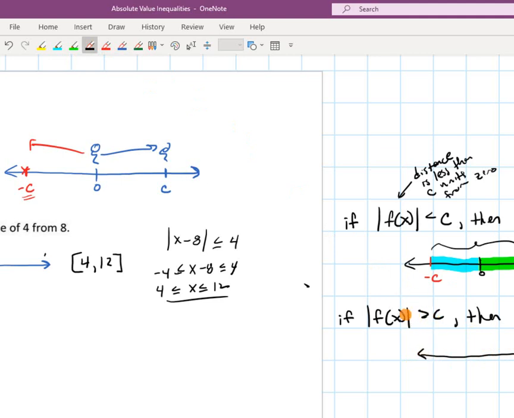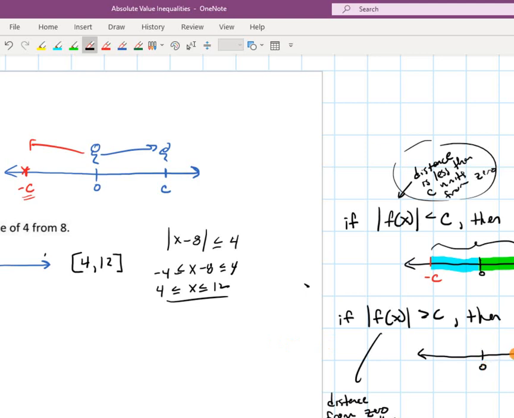Let's talk about what this says here. It's very similar to what I wrote up here. This here says the distance from 0 is more than c units.